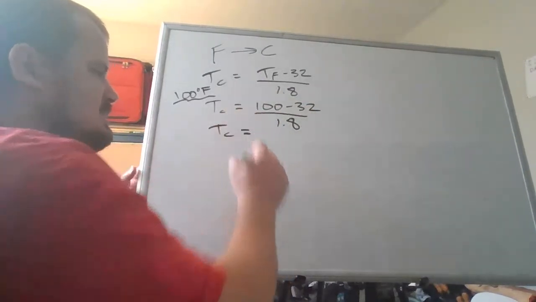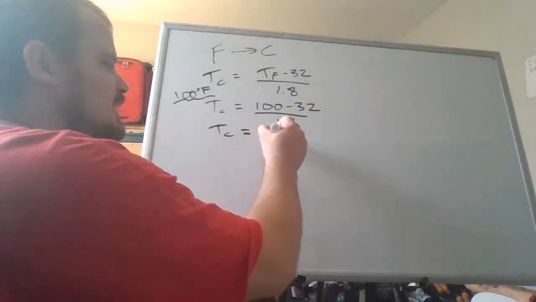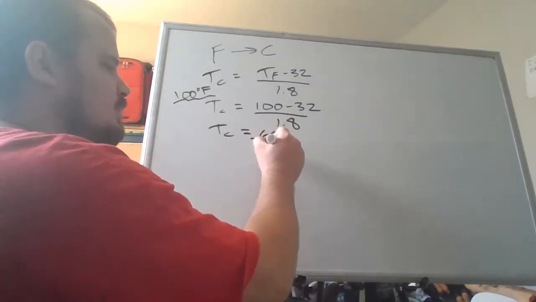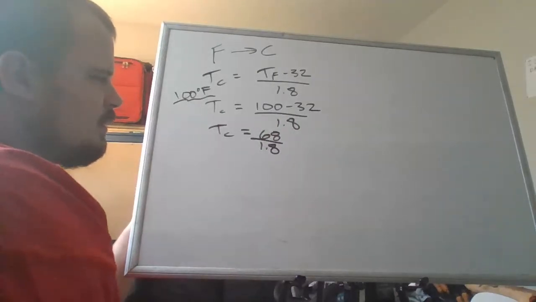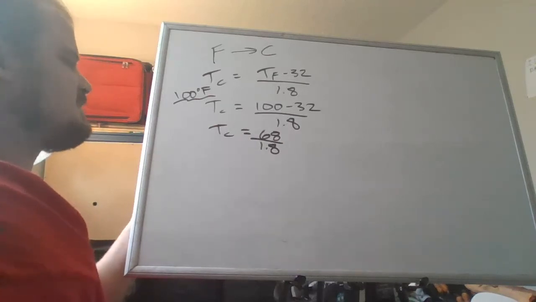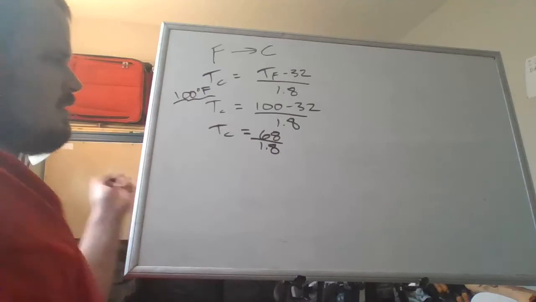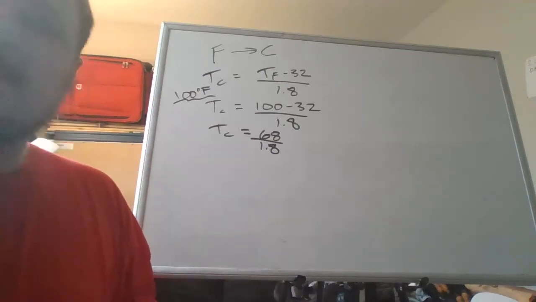And so now for temperature in Celsius, when you do 100 minus 32, you'll get 68 over 1.8. And then 68 divided by 1.8, let's see, I think 18. Let me actually pull out a calculator to do this. I don't want to mess it up trying to do it in my head.